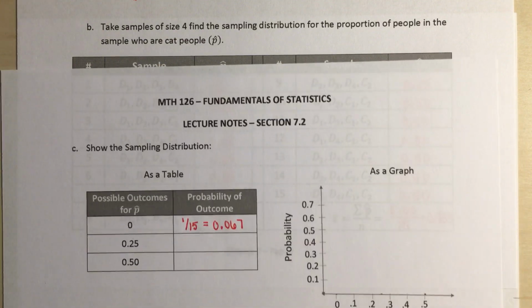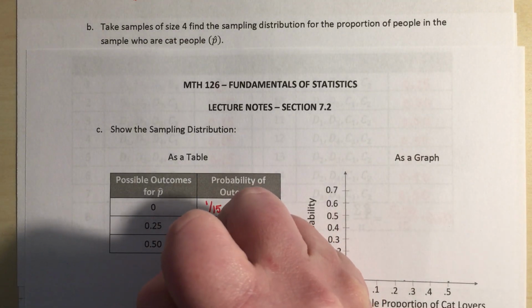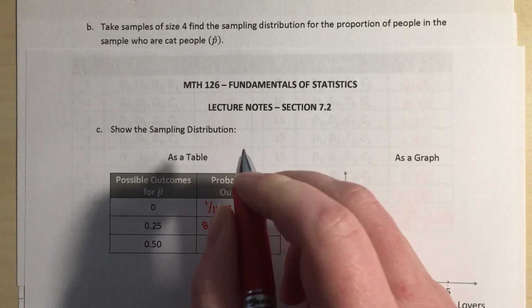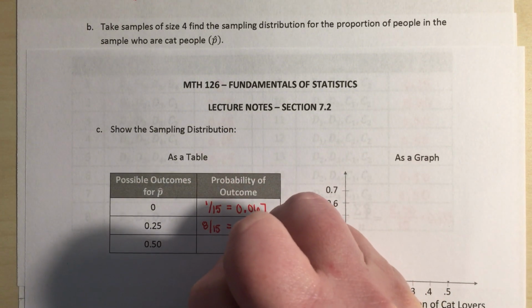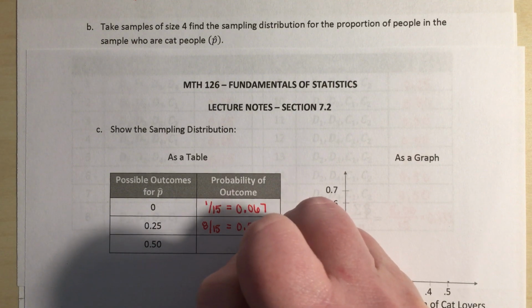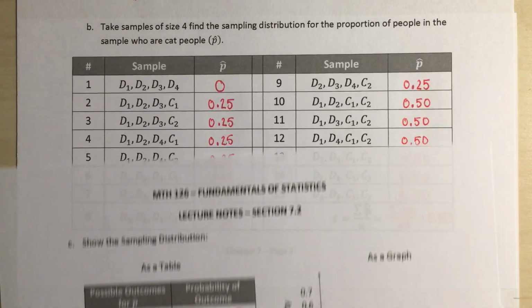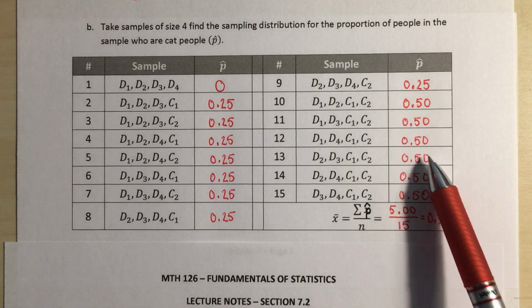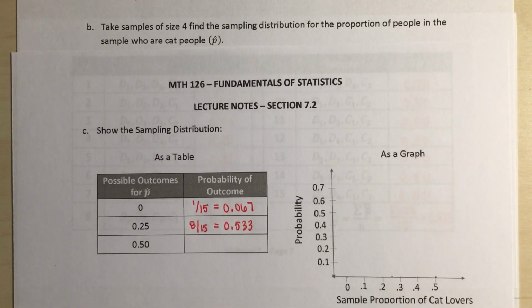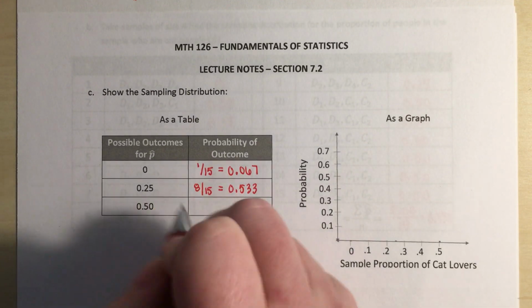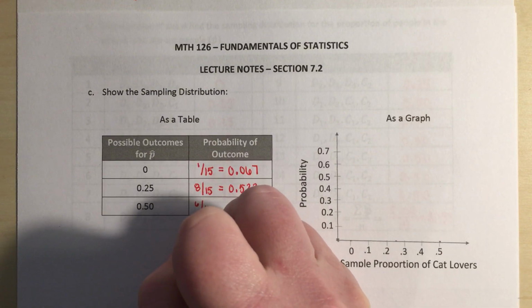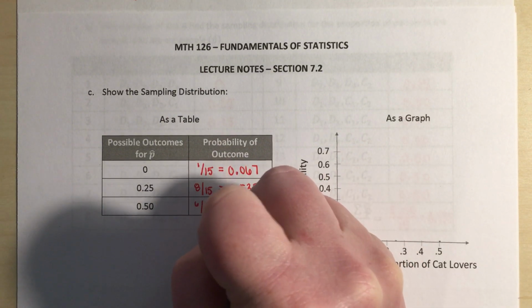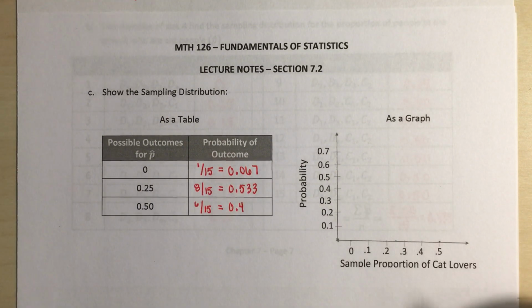We have 8 of those. So our probability is 8 out of 15, which as a decimal is 0.533. Then our last one, how many 0.50s? Well, we have 1, 2, 3, 4, 5, 6. So 6 out of 15. This one actually divides evenly and we get 0.4.